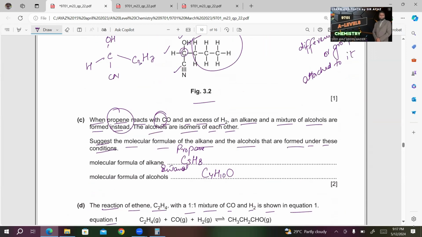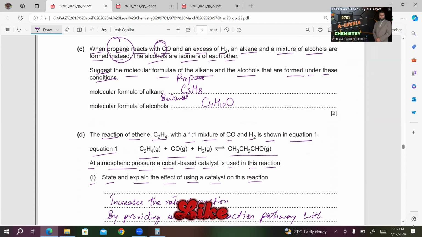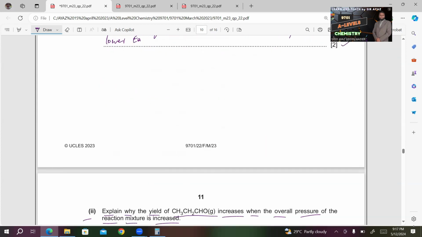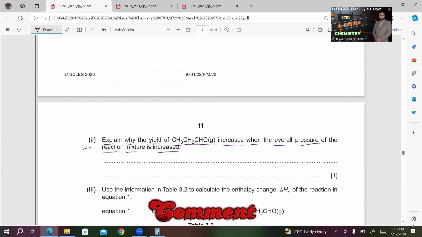If you look at this equation, let's count the number of moles of gases. On the reactant side, what do you have? 1 plus 1 plus 1, which means it's 3. On the product side, it's 1. So there's a smaller number of moles on the product side. So definitely, due to this reason, equilibrium shifts to the product or right-hand side.